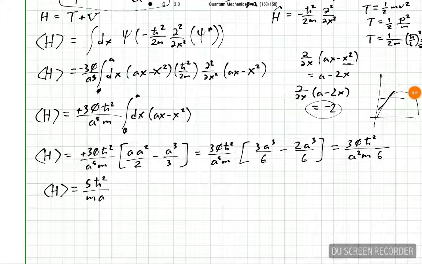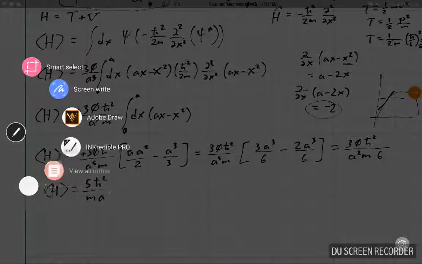And then we have m a squared. Let's write that a little bit neater.